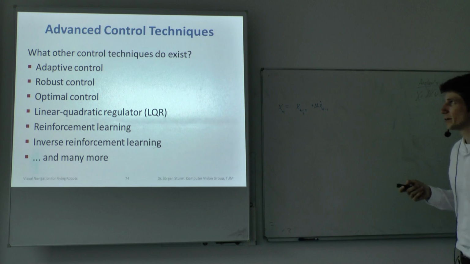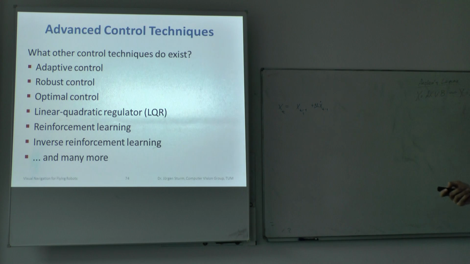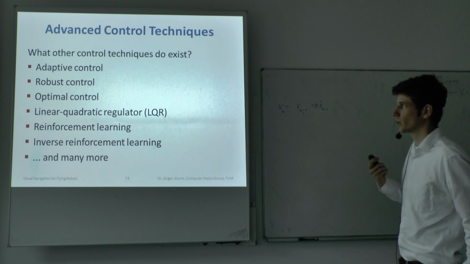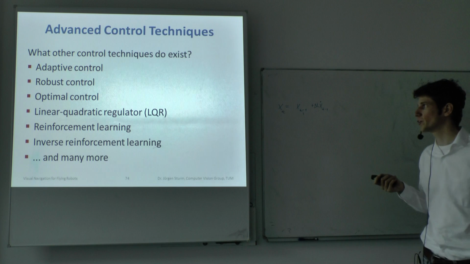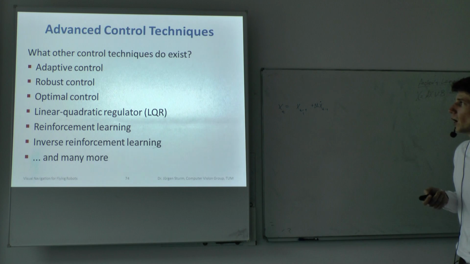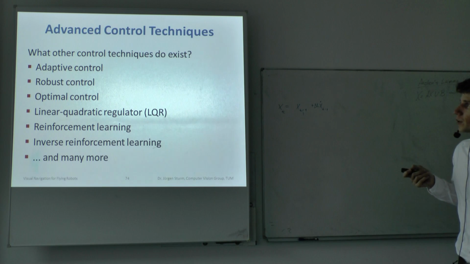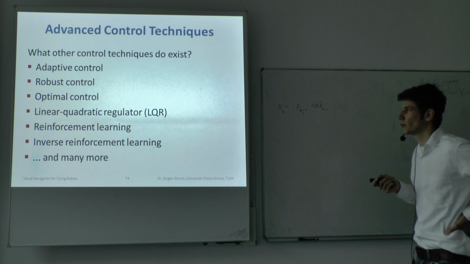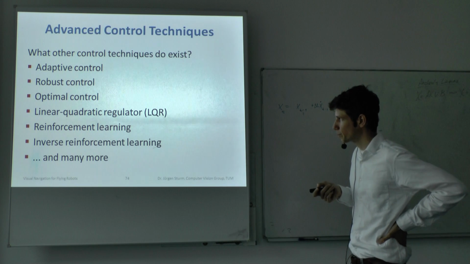There is also a lot of optimal control theory, which tries to minimize a cost measure, and one of them is the so-called linear quadratic regulator. The linear quadratic regulator assumes that you have a good model of your system.